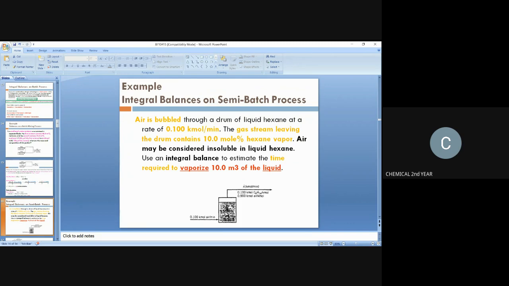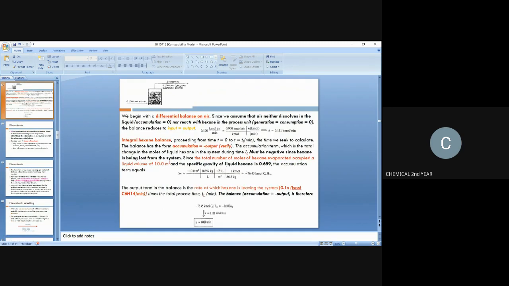This is the schematic diagram: input is 0.1 kilomole air per minute, and output is n kilomole per minute, containing 0.1 kilomole C6H14 and 0.9 kilomole air per kilomole. We begin with the differential balance on air.